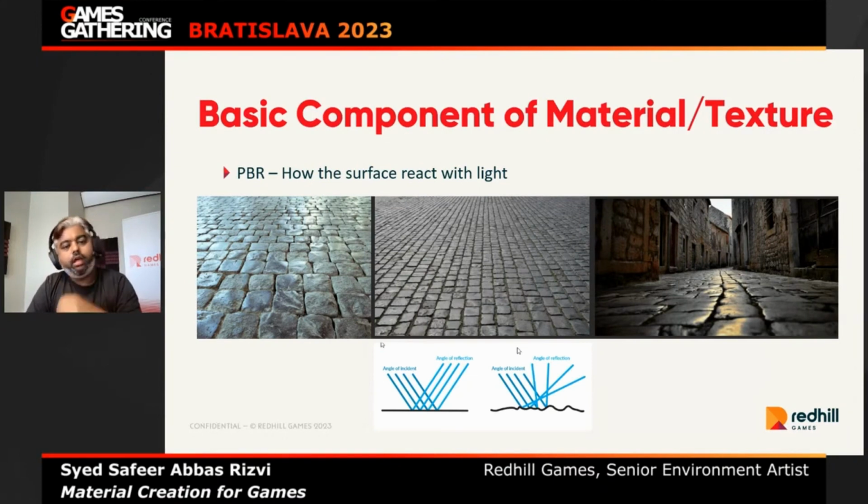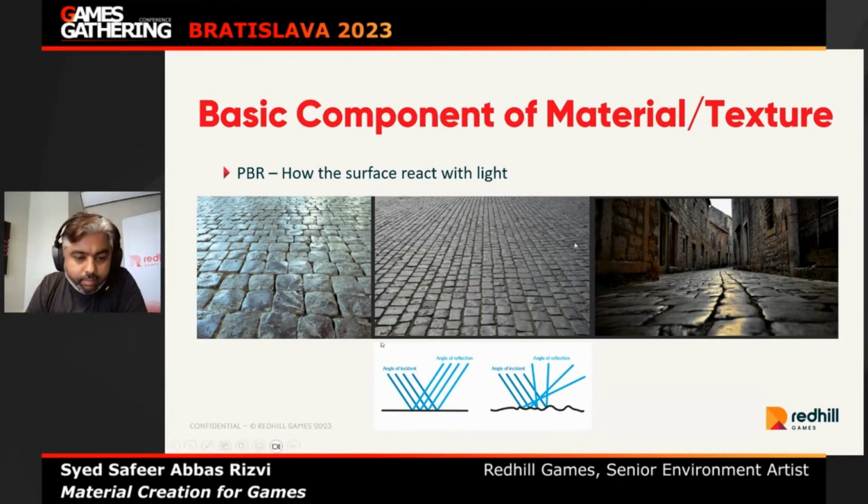People think that roughness and metallic are the maps responsible for how the surface reacts with light, but that's not true. It's more dependent on your normal map than the roughness map, because roughness controls how much it reflects, but how it reflects is a different thing. It depends on your normal map.